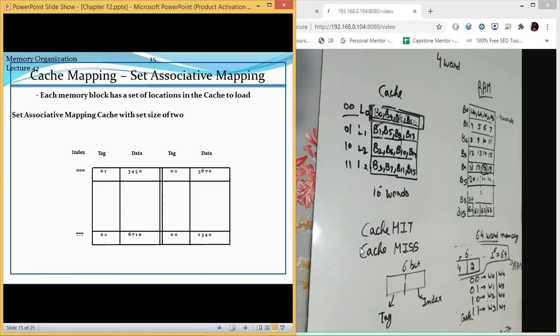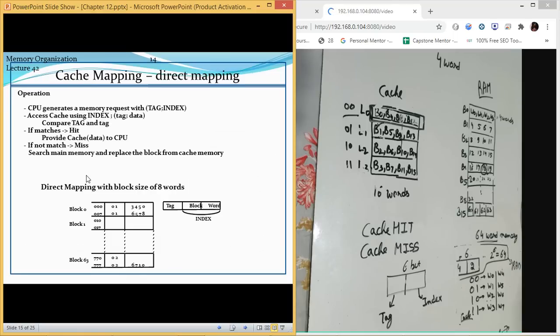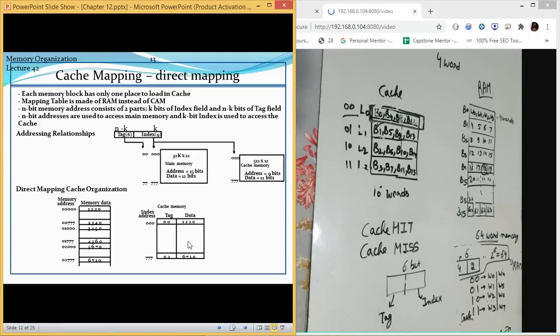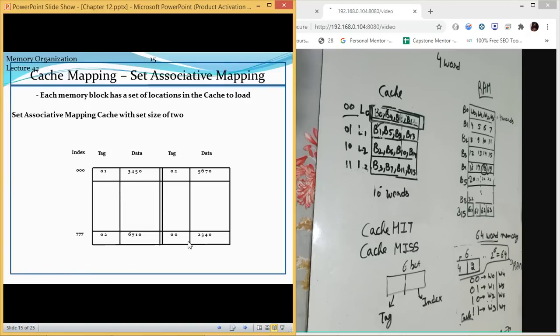After this, the next cache mapping which we have is set associative mapping. Earlier, when we were talking about associative mapping, we were saying we have an address and we have data. We will discuss this cache mapping, which is set associative cache, where the sizes are of two.